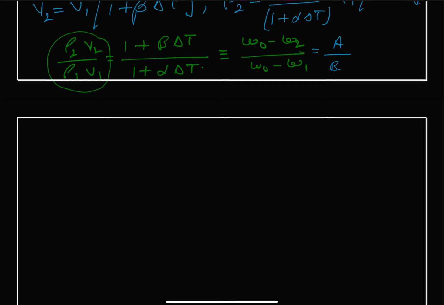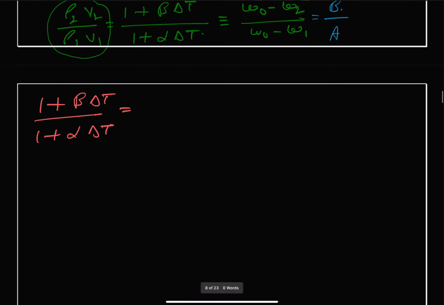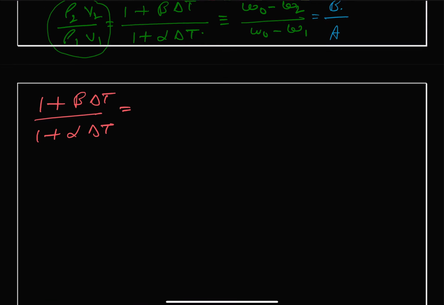And so we can say that (1 plus beta delta T) upon (1 plus alpha delta T) is equal to, sorry, B upon A, my mistake. This is our A and this is our B. So this will be equal to B upon A.